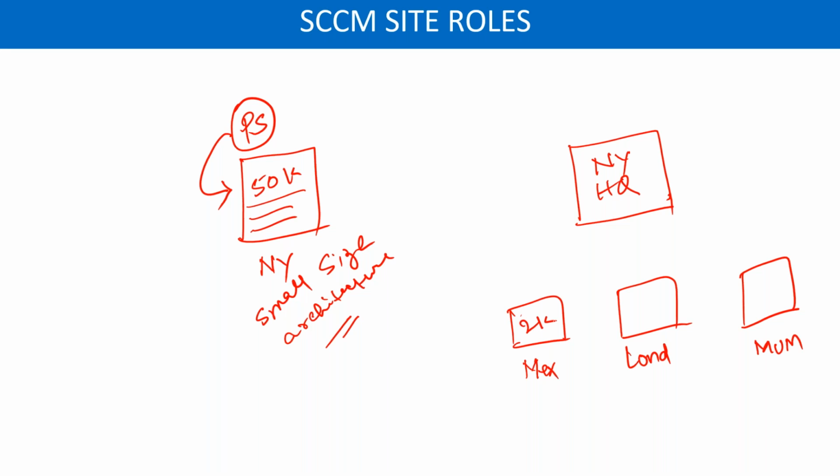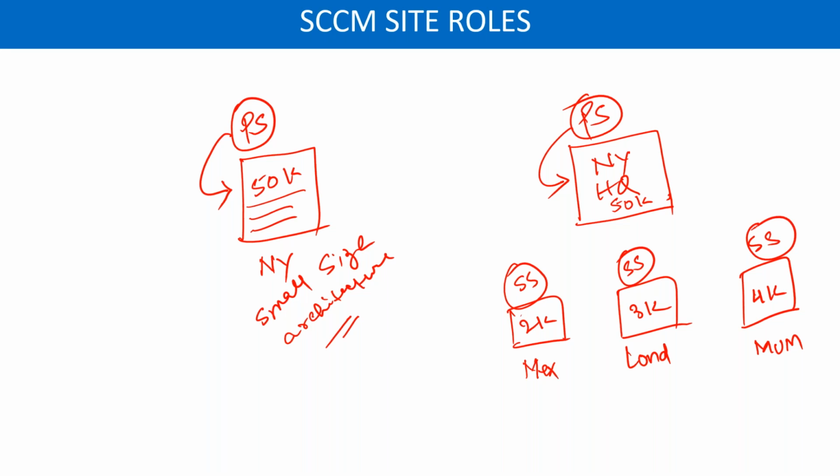Mexico has 2,000 devices, London has 3,000 devices, and Mumbai has 4,000 devices. And here you have 50,000 devices. So primary site is already there, right? We have already installed primary site for New York. For branch offices, we need a secondary site. We will have a secondary site here, here, and here. And all secondary will report to primary like this.